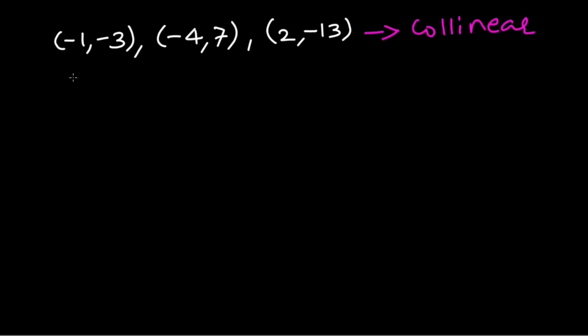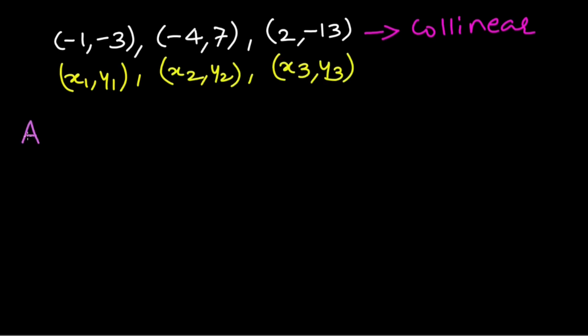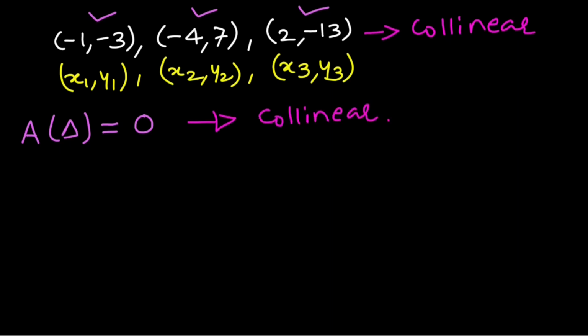Let the first point be (x1, y1), second point (x2, y2), and the third point (x3, y3). If the area of triangle formed by these 3 points as the vertices is equal to 0, then we can conclude that these 3 points are collinear.